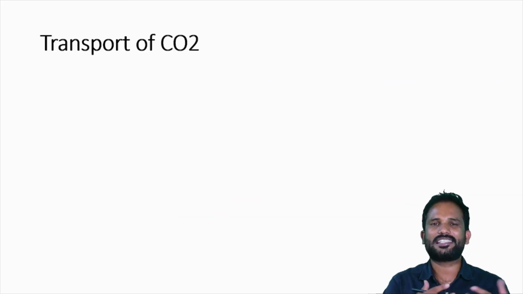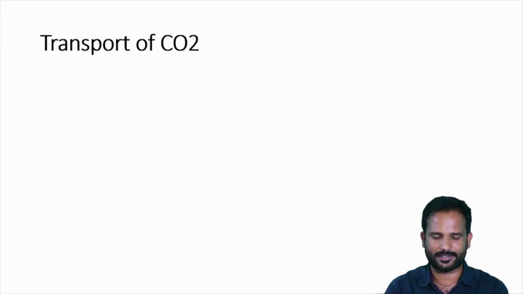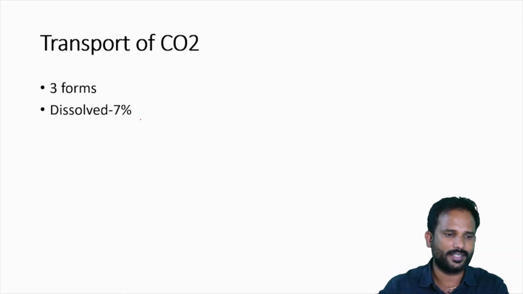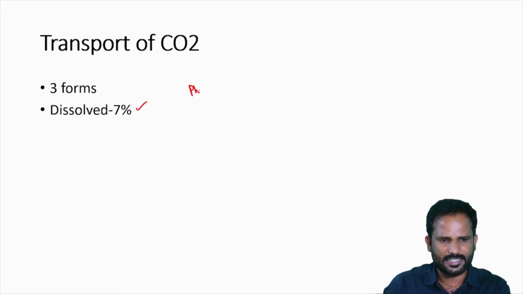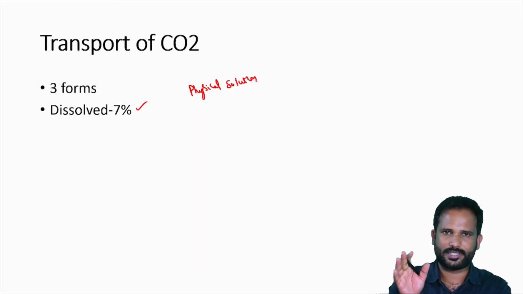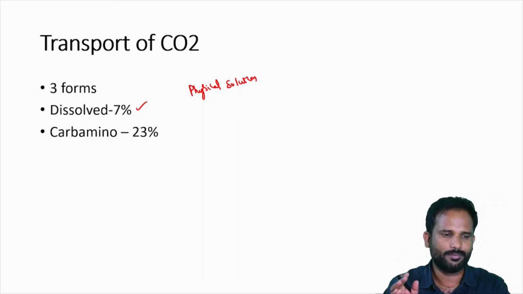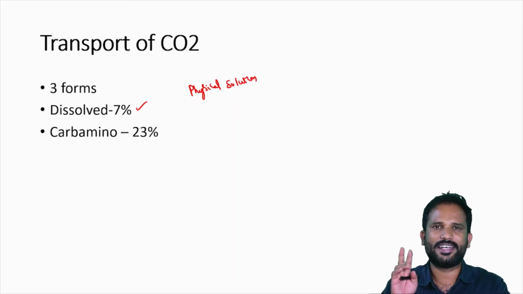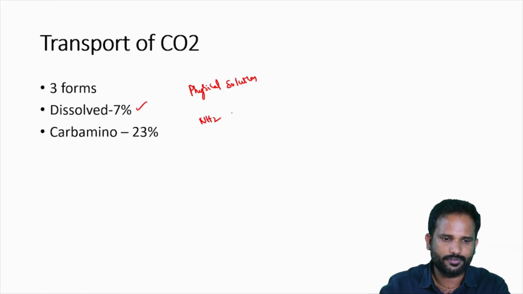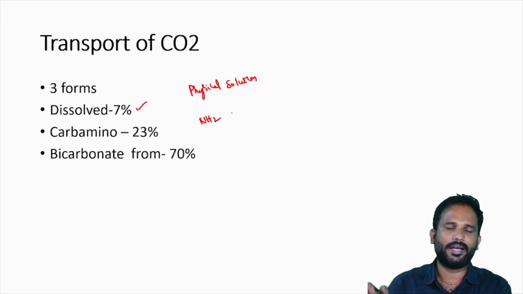Coming to the next gas, transport of carbon dioxide. There are 3 forms in which carbon dioxide is transported. One is dissolved, a physical solution, again the same Henry's law. 7% is through dissolved form, and carbamino is 23%, that means bound to the amino component of hemoglobin, and then the bicarbonate form.